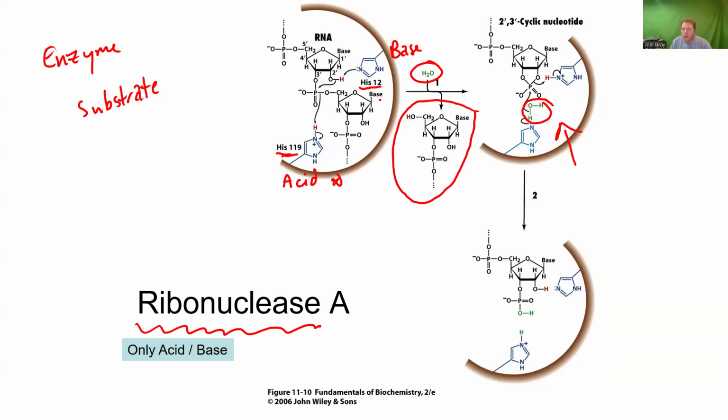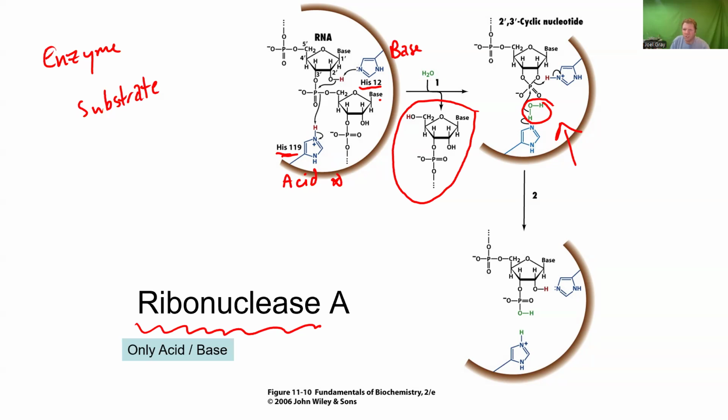Okay, so we've used our base to pick up a proton and effectively lead to breaking a covalent bond within our substrate. Then water rolls in. If you think back to Gen Chem 2, is water an acid or is it a base?